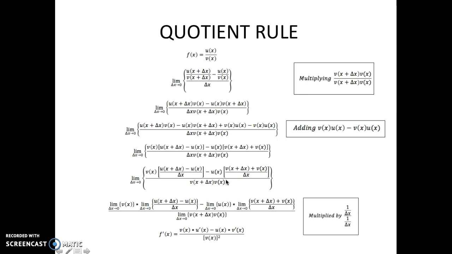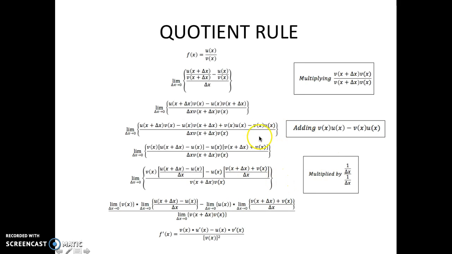Then I'm gonna multiply my whole function by 1 over delta x over 1 over delta x to get this. Yeah, crazy, nice, love it.